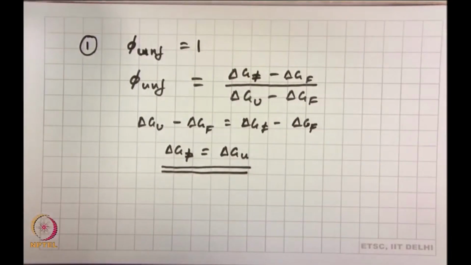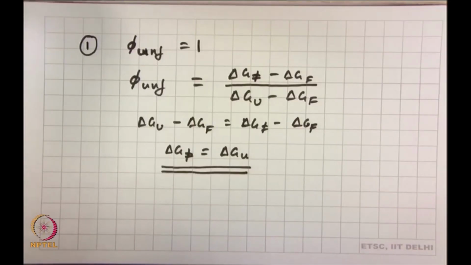Now, try to understand the significance of this. What you are saying is, if my phi unfolding is equal to 1, then whatever change I have in the transition state is equal to the change in free energy of the unfolded state. That is what you would expect, right.